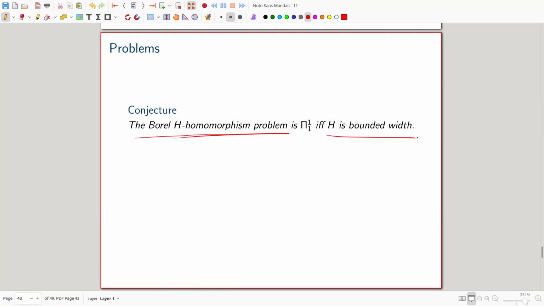And one question is why? Why is it the case that this is the place where the Borel separation happens? And I don't quite know.